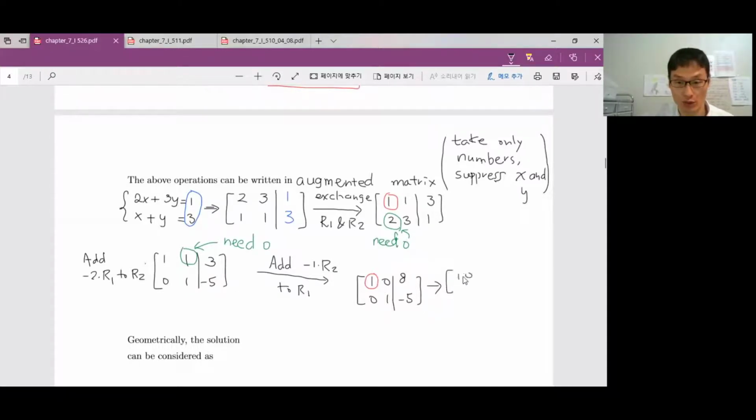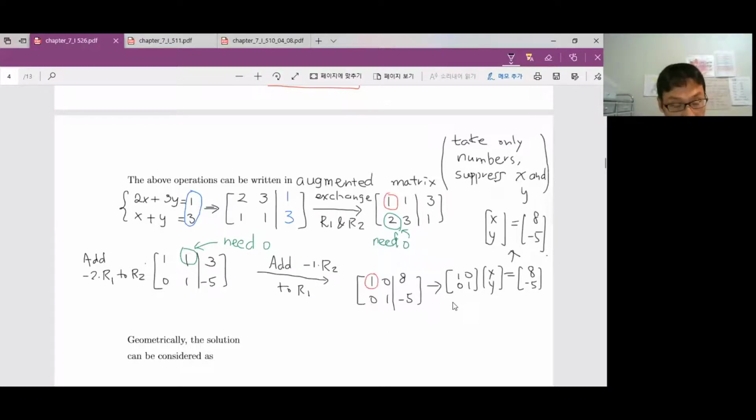So 1, 0, 0, 1 times xy is 8, -5. Of course, now that this is identity, xy equals 8, -5. Done. This is what we want. We want a simplified, shorter, quicker way of writing all the details.